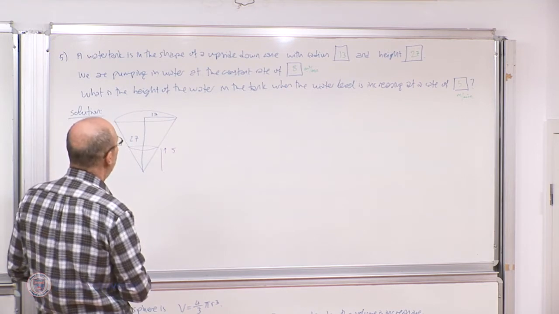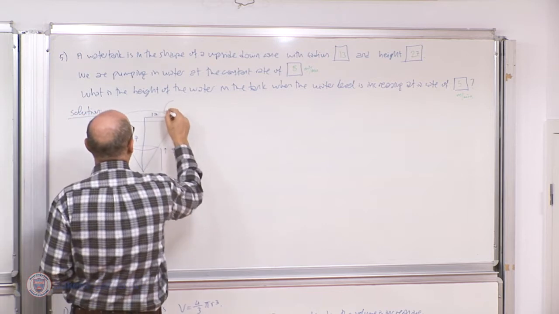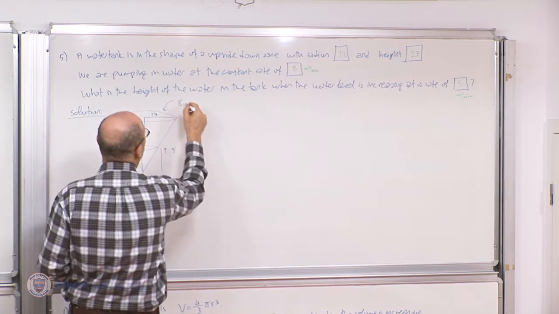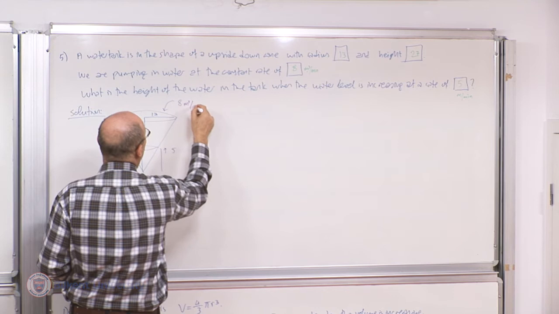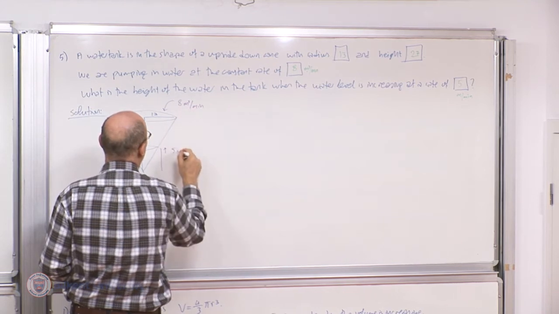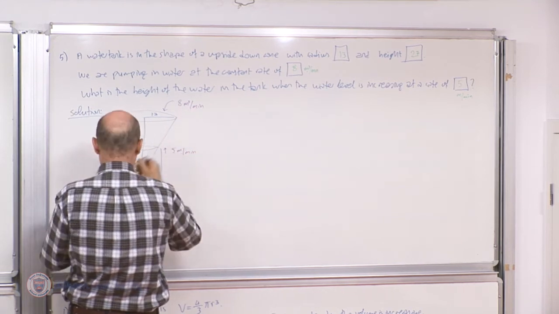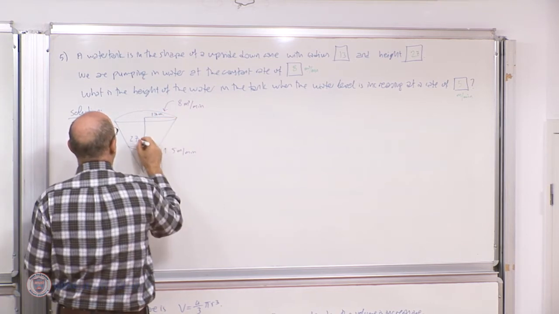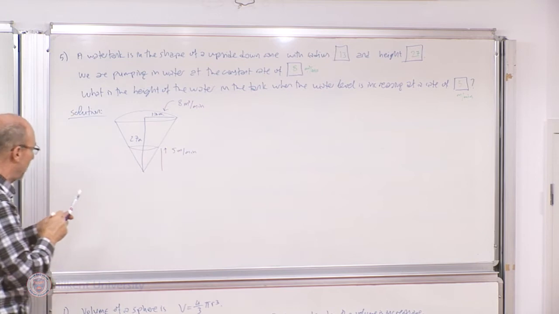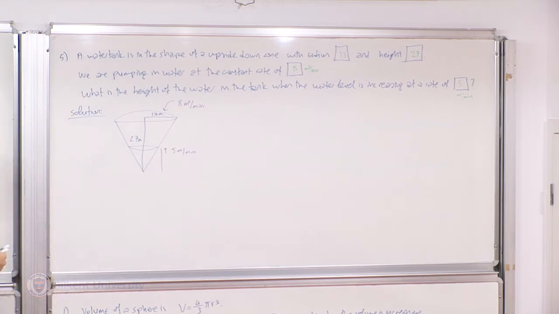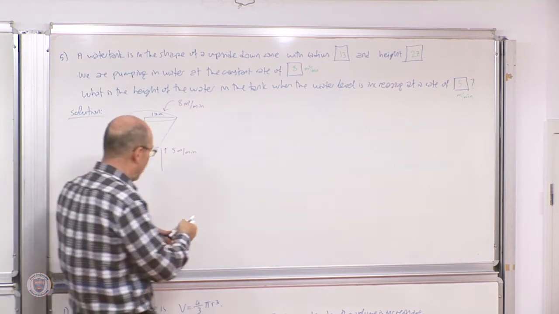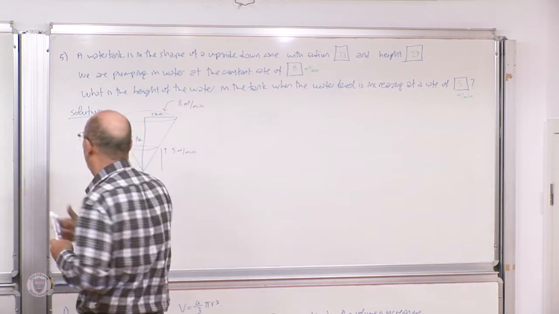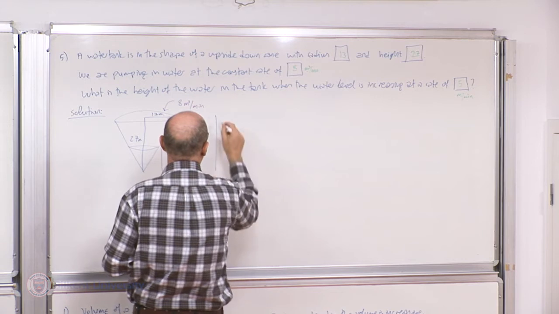And water is pouring in. Okay, so water is pouring in at 8 cubic meters per minute. So this is meters per minute. These are minutes. I try to avoid these units, but they catch me. Okay, so it is this part. So I again do my triangle so that I can solve things.